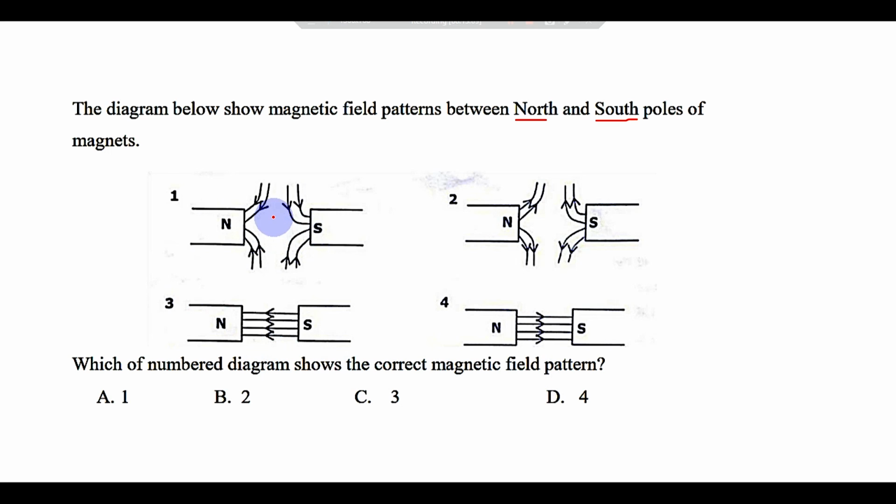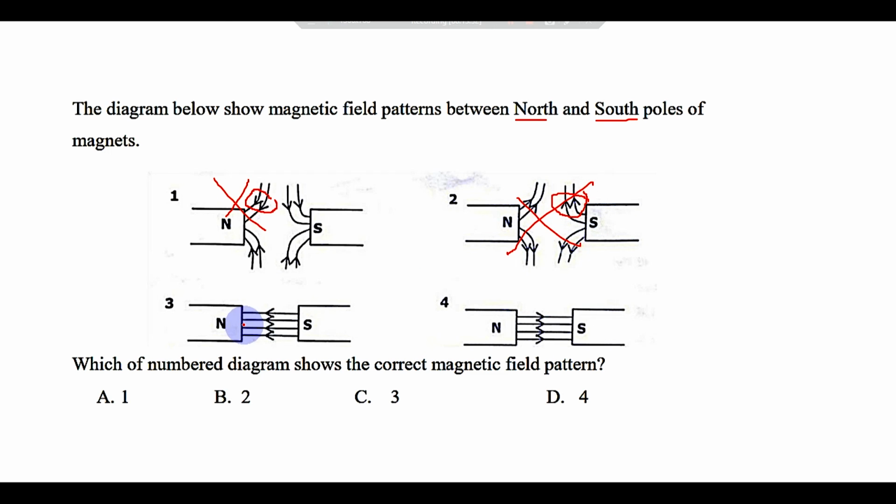When you look at number 1, this is not correct, because with a north and a south, you cannot have arrows pointing to the north. So already number 1 is out of the picture. When you go to number 2, again you cannot have magnetic field lines pointing from the south to the north.